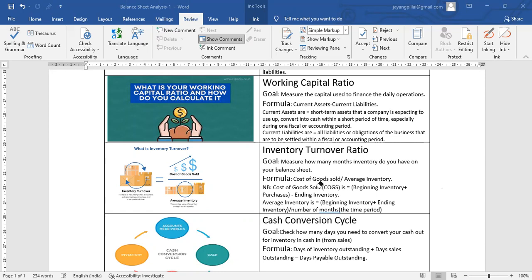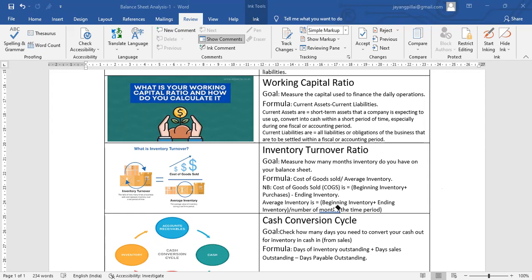This can be found by analyzing two variables, cost of goods sold and average inventory. Cost of goods sold is beginning inventory plus purchases minus ending inventory. Beginning inventory means opening stock, ending inventory means closing stock. So opening stock plus purchases minus closing stock is cost of goods sold, in short COGS.